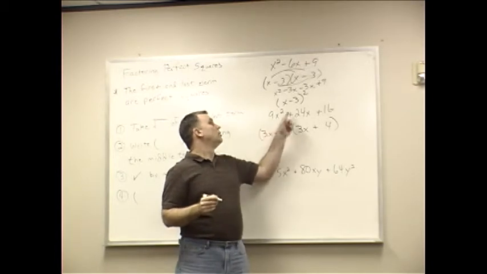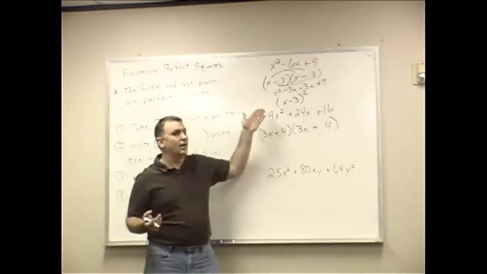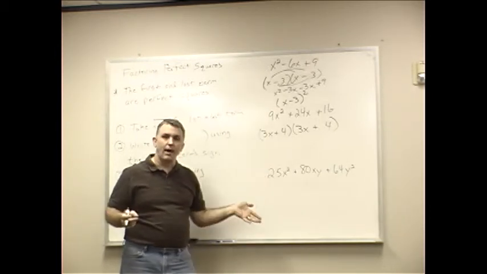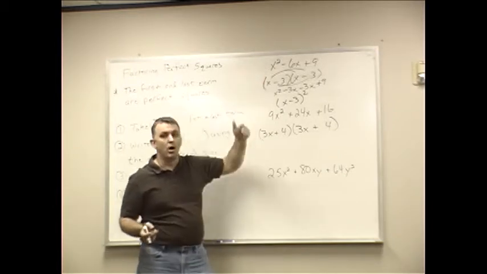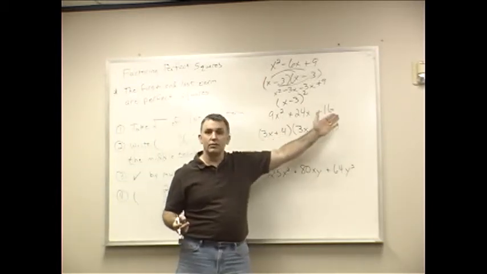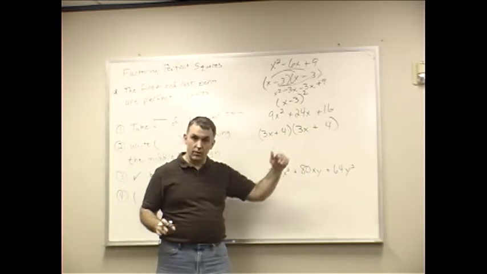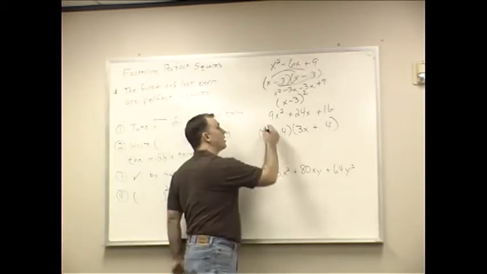Again, when you get these, you look at them. Now, I didn't say this earlier because I look at this one and it just pops out. You always try common factoring first. Is there any common factors on the first one? No. Is there any common factors on the second one? No. Always do the common factoring first, and then do this. So now I got 3x plus 4, 3x plus 4.